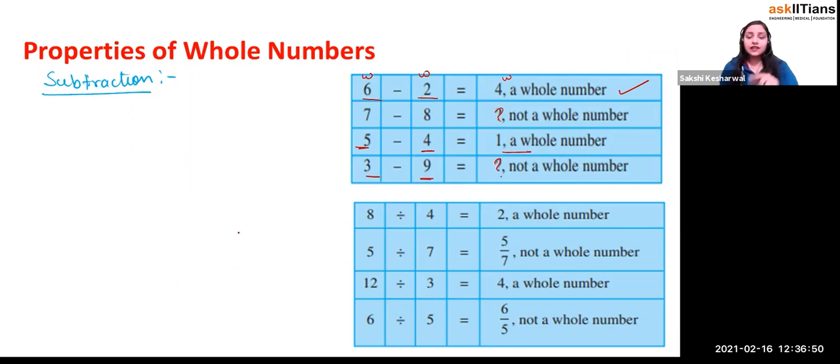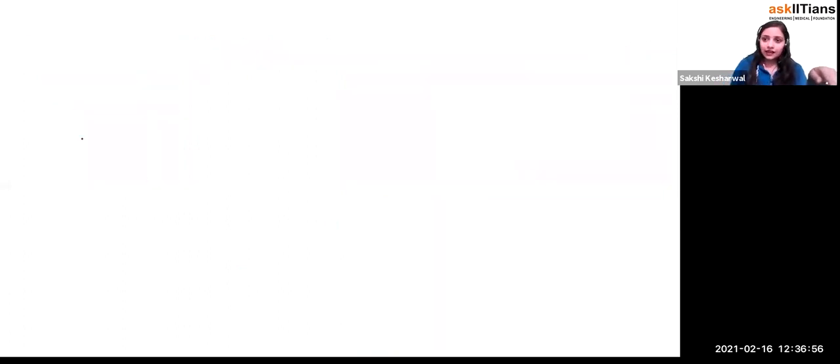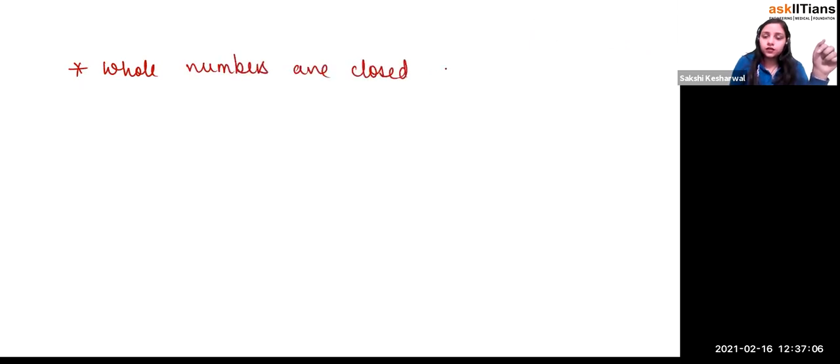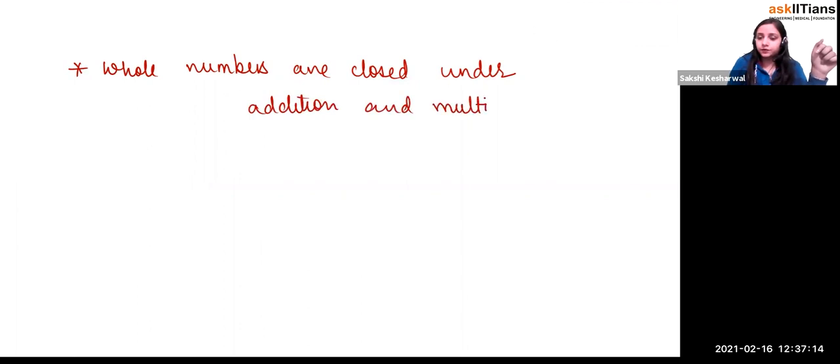So again, we say that it has to be what, beta? Always, always, always. So we say that whole numbers are closed under addition and multiplication always, right?